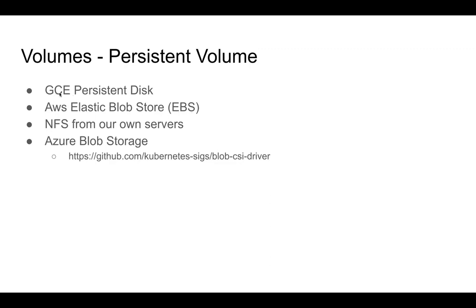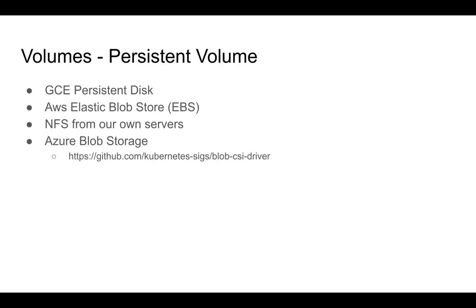If you're on Google, you might be using GCE persistent disk. Or if you have your own NFS, this is mostly for on-prem, you want to mount and use that NFS. Or if you're in Azure, this is Azure blob storage. We'll not be covering most of this, but I'll give you a sense.